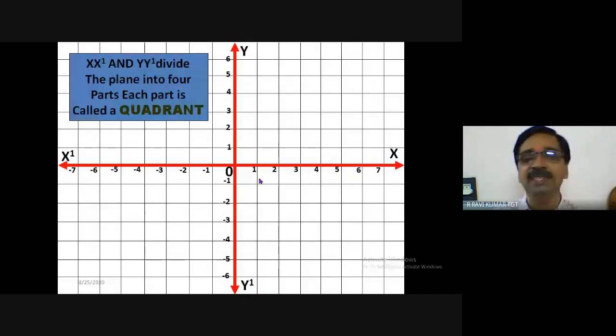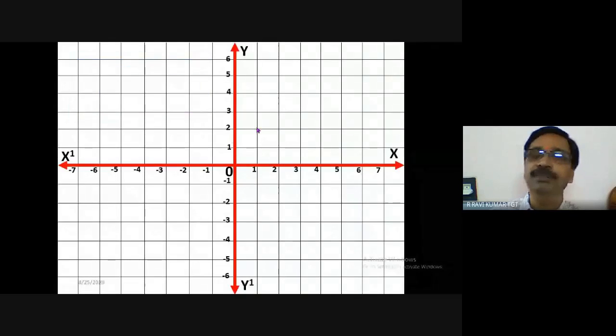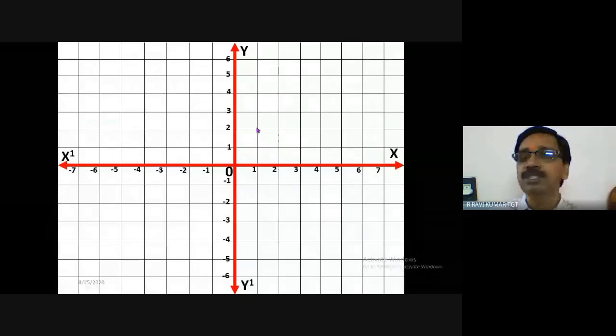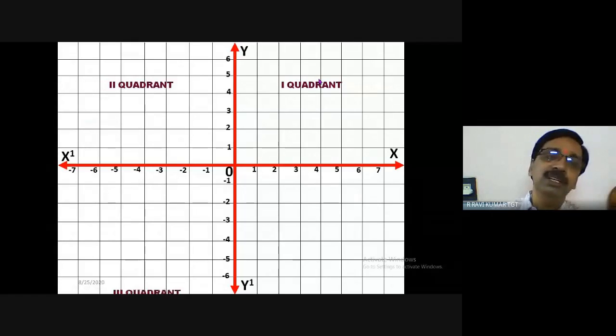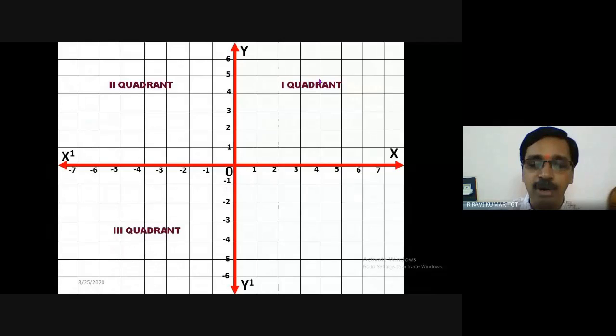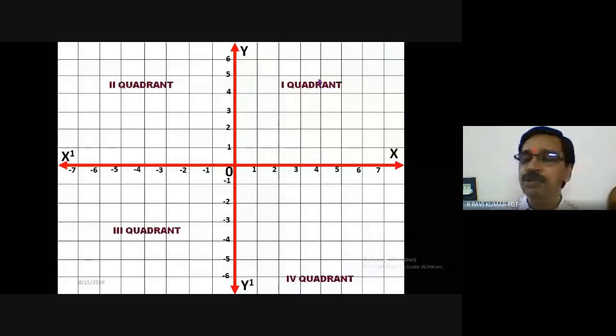We say axes. These axes divide the plane into four parts. Each part is called a quadrant. You can see the first quadrant: the right side top one is the first quadrant. The left side top is called the second quadrant. Left bottom is the third, and right bottom is called the fourth.